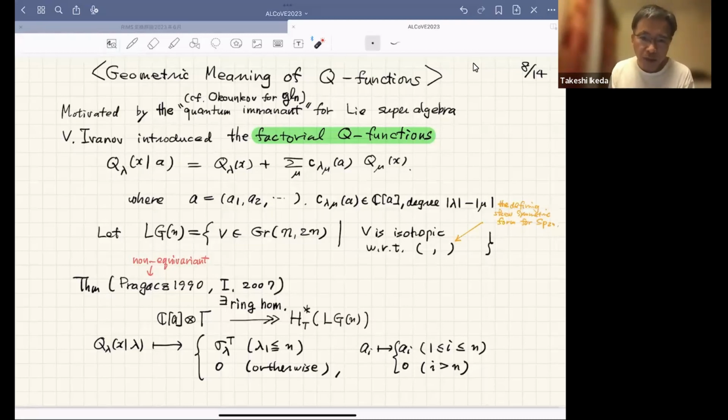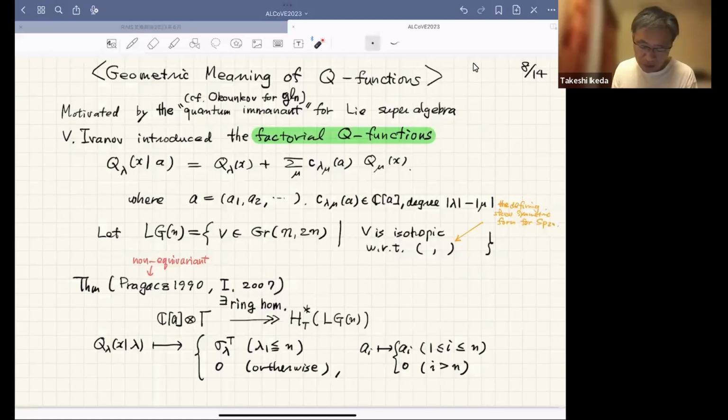If you consider the Lagrangian Grassmannian, this is the subvariety of the usual Grassmannian satisfying a certain isotropic condition with respect to the defining skew-symmetric form of the symplectic group. We can naturally index the Schubert classes of this variety by strict partitions.